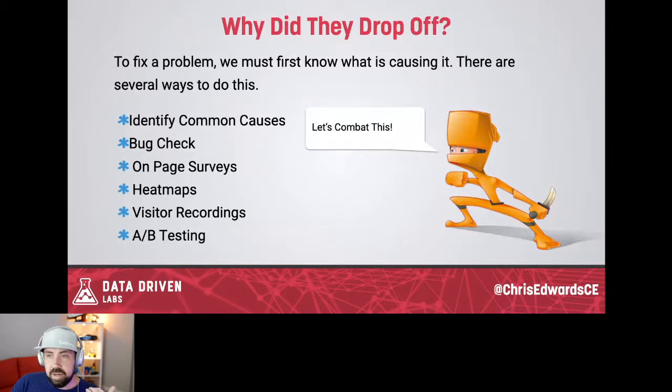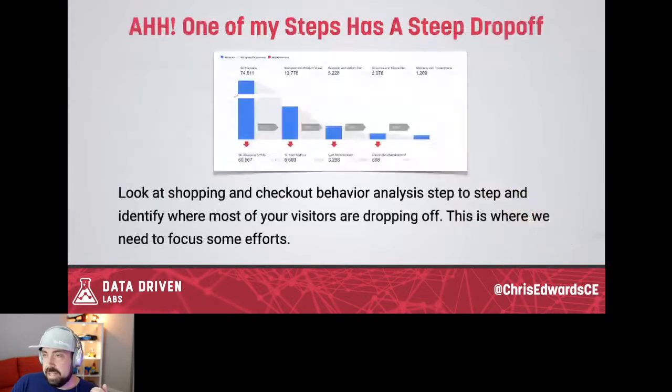We're going to identify some common problems. We're going to do a bug check, on-page surveys, heat maps, visitor recordings, A/B testing, different things like that. If you see here, we have a large amount of people who did not add something to their cart. We also have a large drop off from cart abandonment, which is what I would actually want to focus on in this case, because that's a large amount of people that have dropped off.